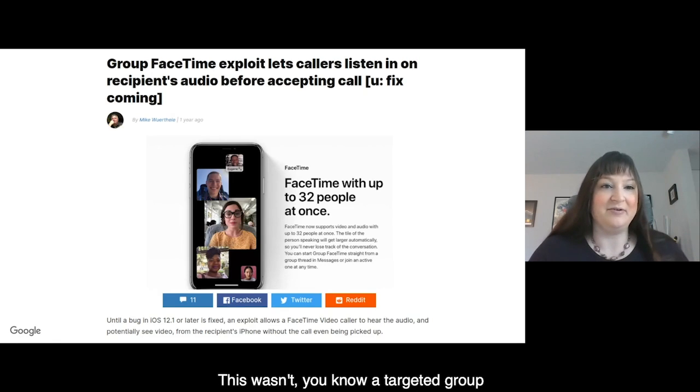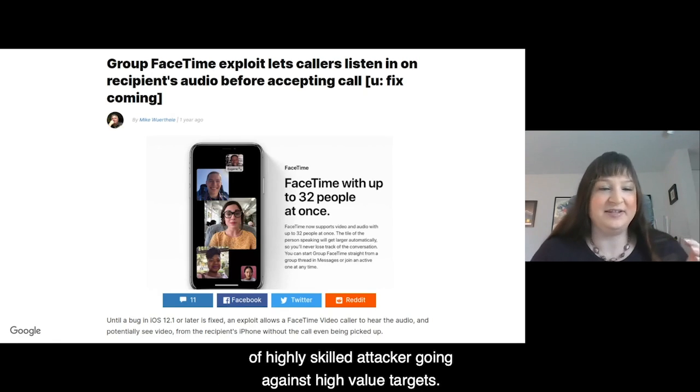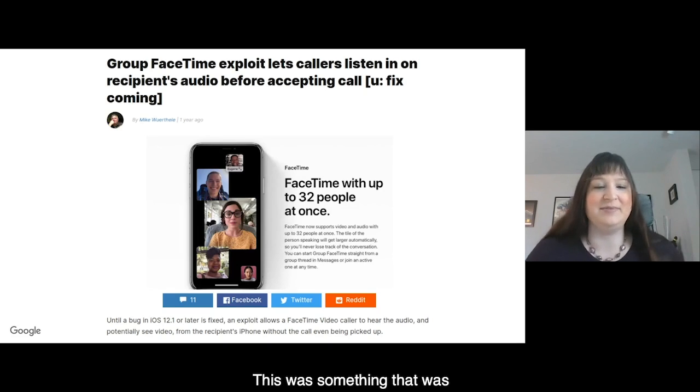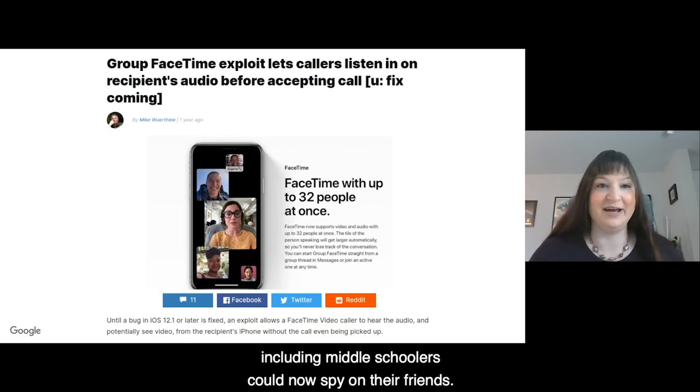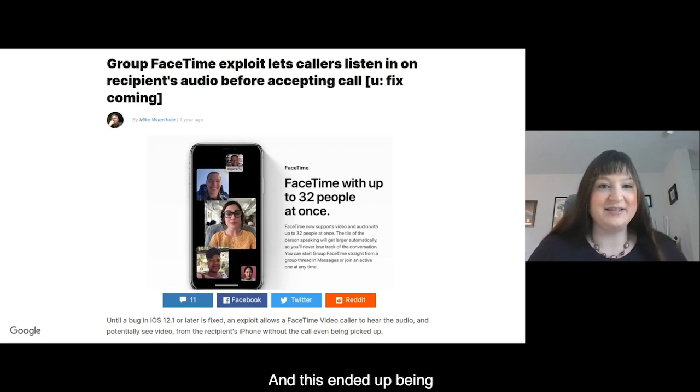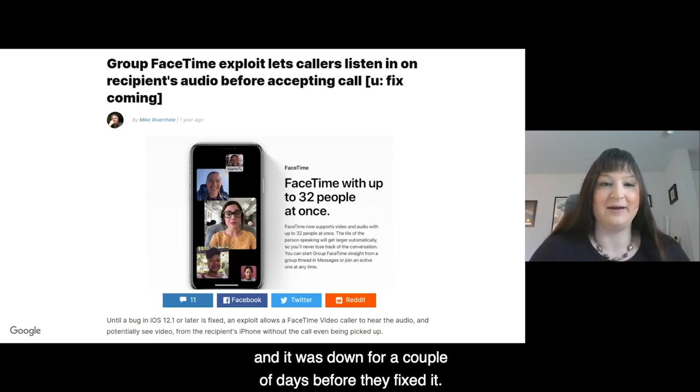This wasn't a targeted group of highly skilled attackers going against high value targets. This was something that was available to anyone. Everyone, including middle schoolers, could now spy on their friends. And this ended up being a substantial downtime incident as well. As soon as Apple found out about this bug, they had to take down group FaceTime, and it was down for a couple of days before they fixed it.